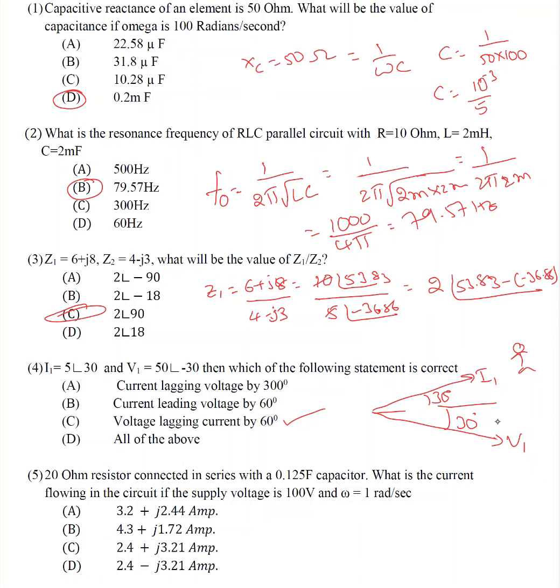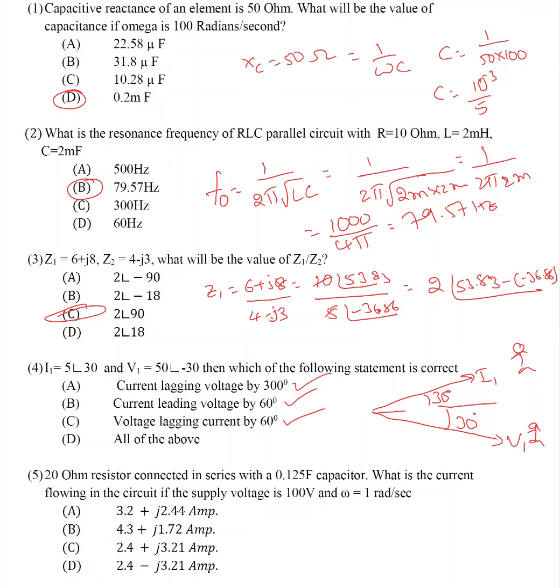Voltage is behind the current by 60 degrees, or you can say current is leading voltage by 60 degrees. I can say current is in front of the voltage, 60 degrees in front of the voltage. So that's also a true statement. Or current lagging voltage by 300 degrees. If you stand here, voltage is coming first, then after 300 degrees current is coming. So this statement is also true.